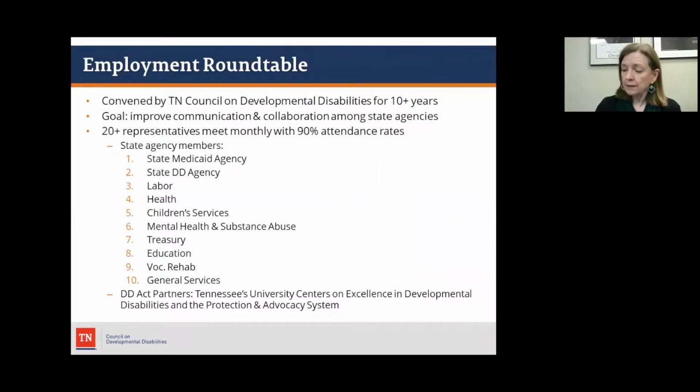So let me talk a little bit about the roundtable in particular. Now, the roundtable, as Donald mentioned, has been going on for about 10 years, but the fact is that it started several years before that.